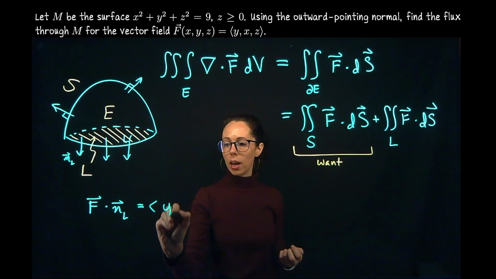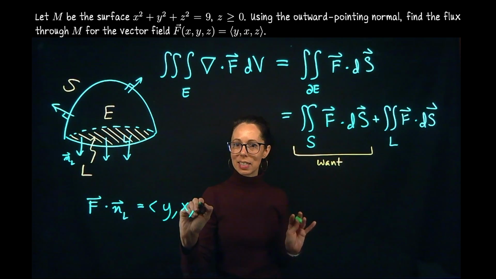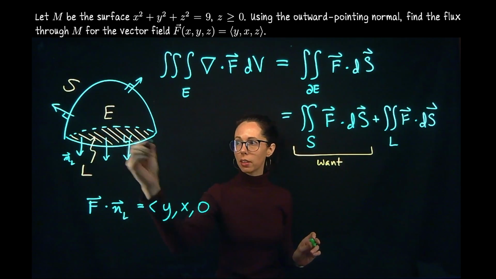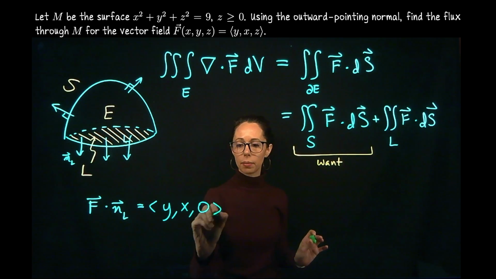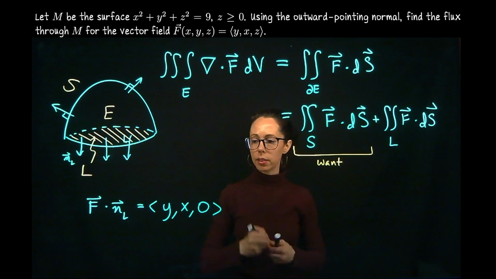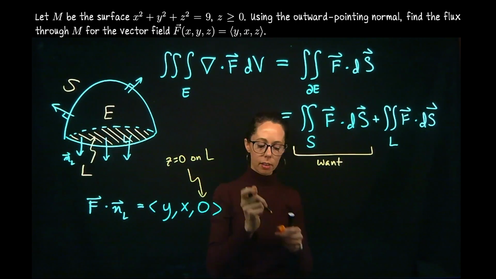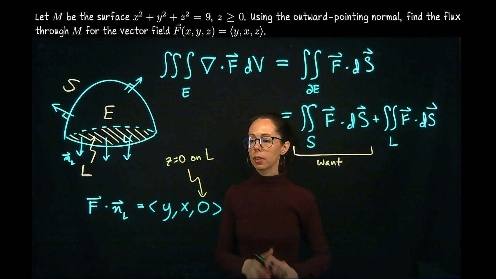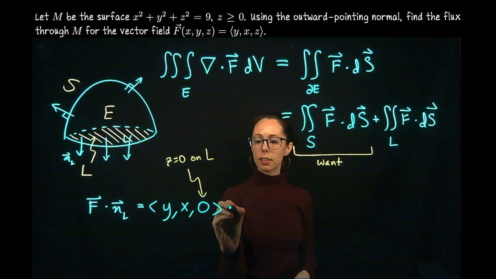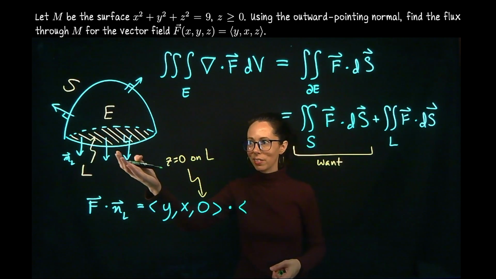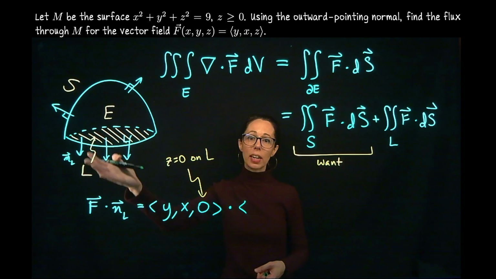And it's just because this problem is kind of set up to be nice. So F was y, x, z, but on the lid z is 0. We're working in the xy plane. So this is 0 for that reason. And then dot, well, we want to dot it with vectors which are pointing straight down.